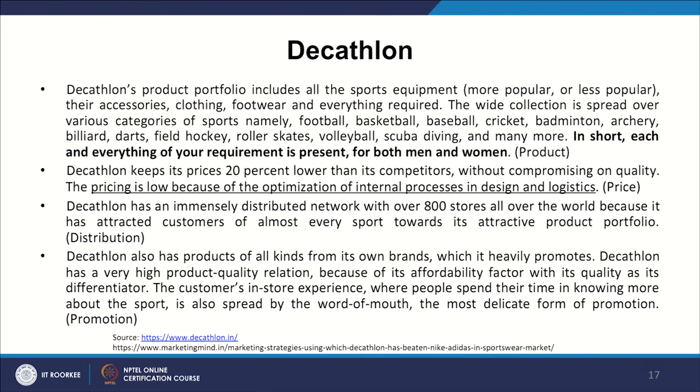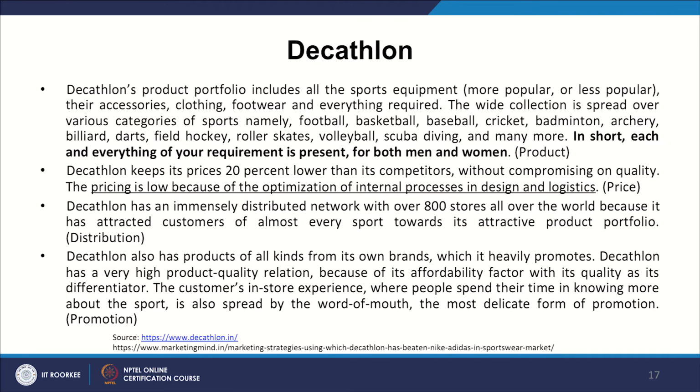Now, Decathlon keeps its prices 20% lower, or lower should I say, than its competitors without compromising on quality. The pricing is low because of the optimization of internal processes in design and logistics.